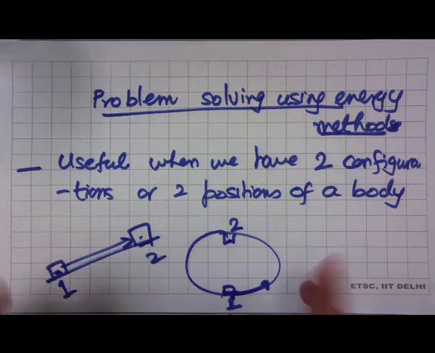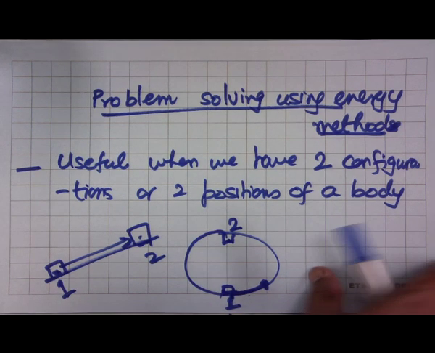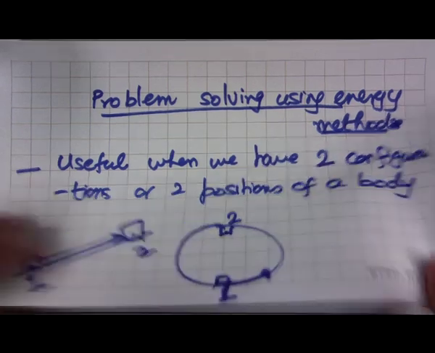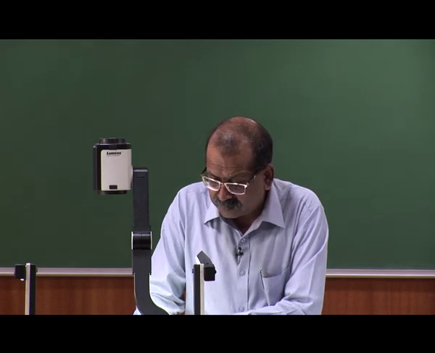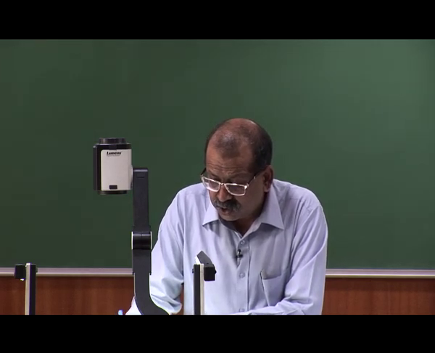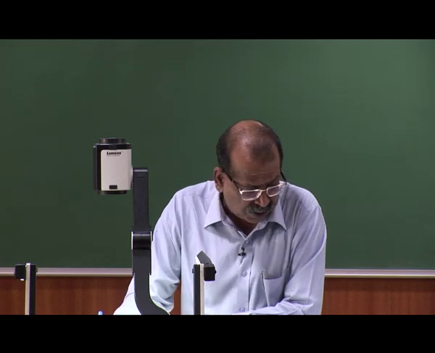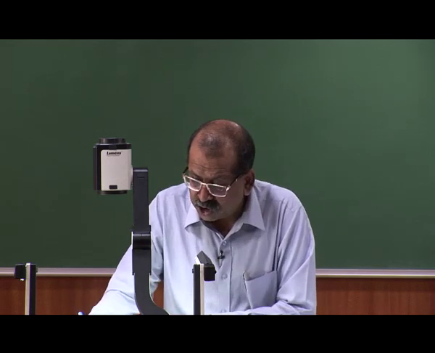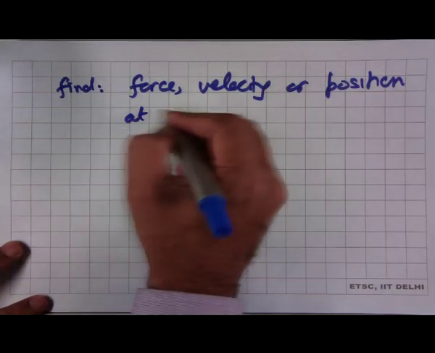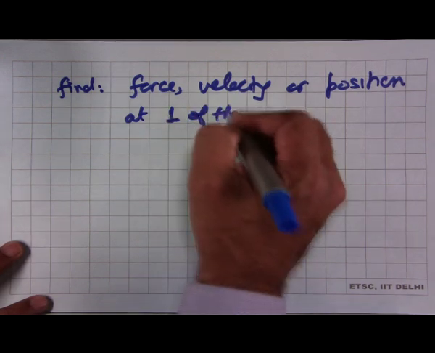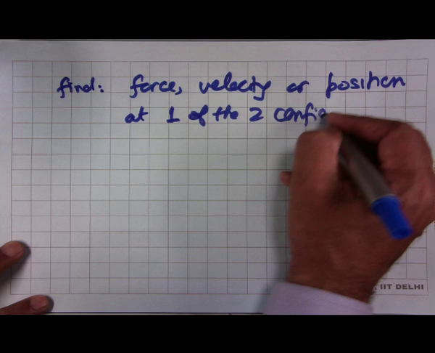Of course, there could be many more positions, and we could apply energy method between any two positions. And what will happen is that we will often need to find either the force, the velocity, or the position at one of the two configurations.